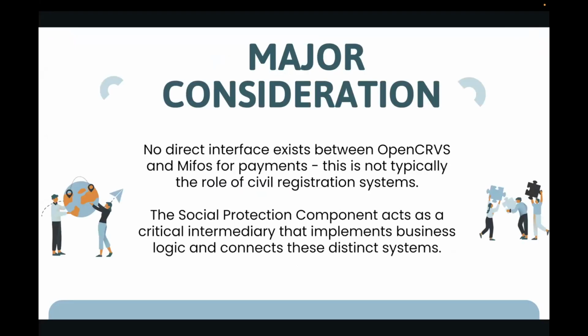The major consideration that we had, which was an input from the official OpenCRVS team also, is that there is no direct interface between OpenCRVS and Mifos for payments. And this is not a typical role of civil registration systems. There is also a social protection layer, because the data that OpenCRVS has is quite sensitive.